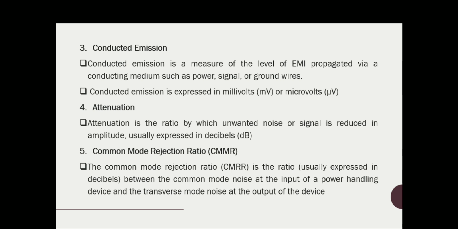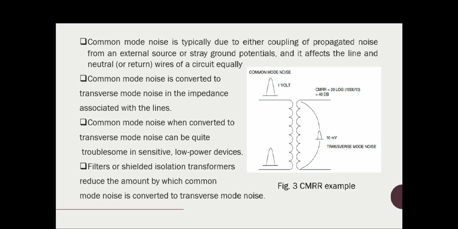Common mode noise is the signal that is between the line and the ground. Transverse mode is in between two lines. You can see in this particular figure the distinction between the two modes of noise.